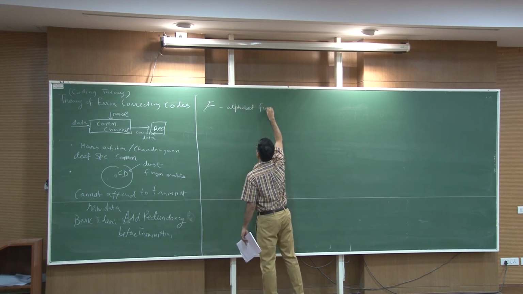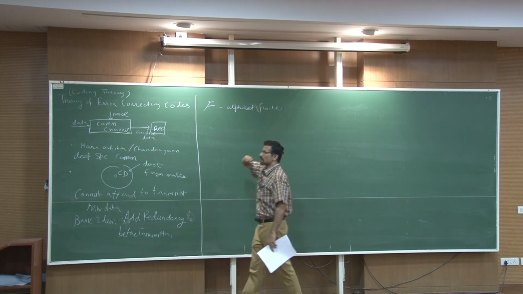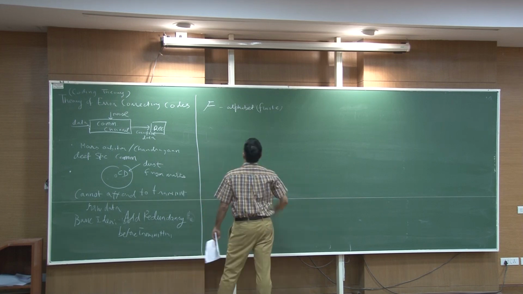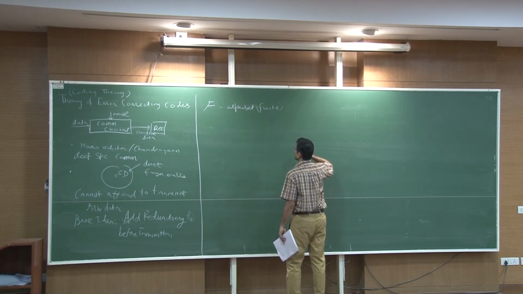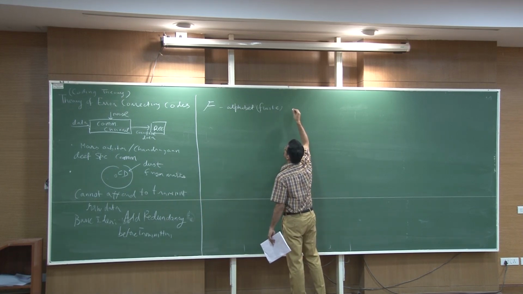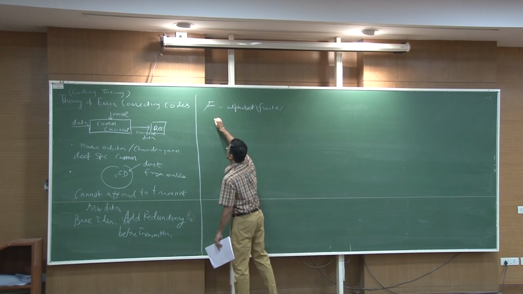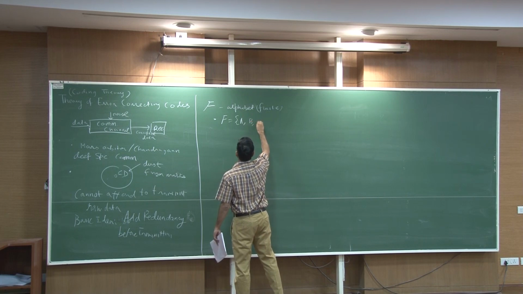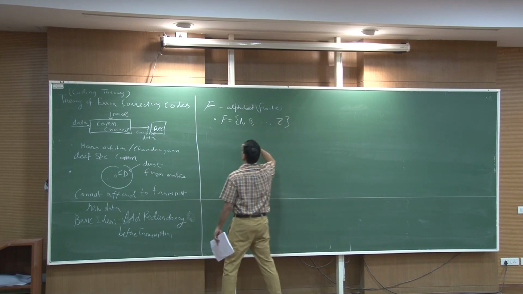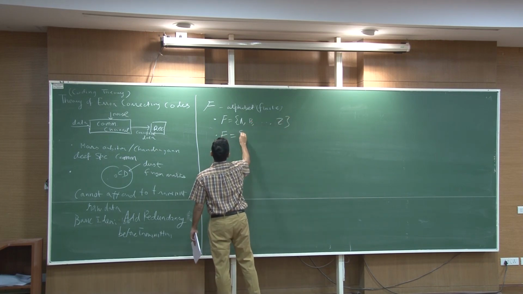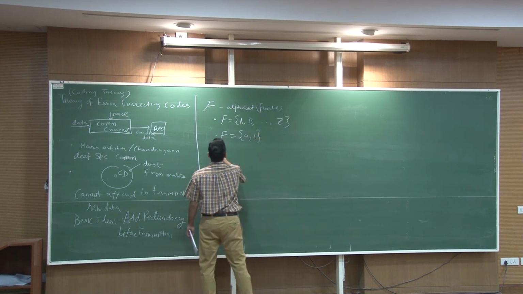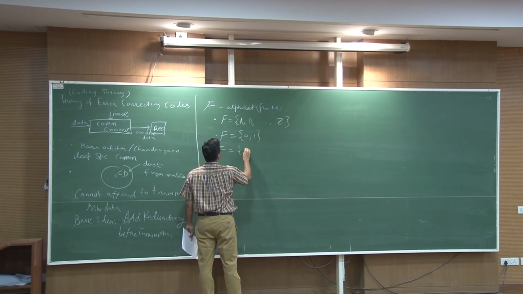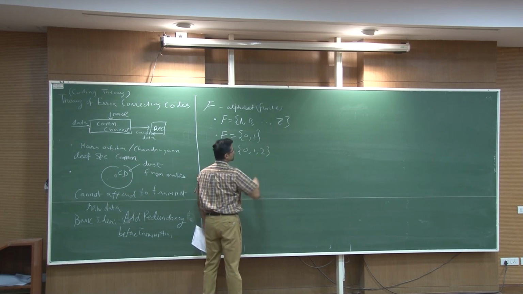Finite. So what is the data you're transmitting? I will assume it is of a particular type, digital data, alphabet finite. Say examples are F is equal to maybe just the uppercase alphabets, or it could be the binary alphabet, or it could be ternary alphabet.